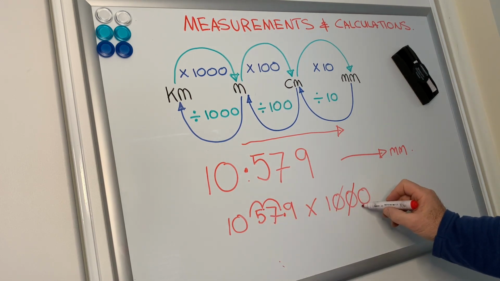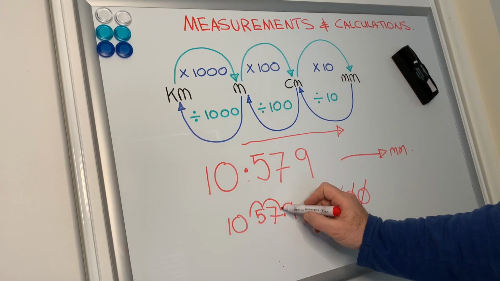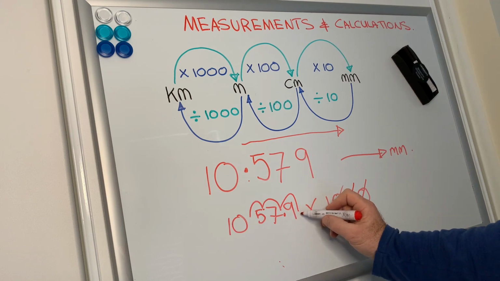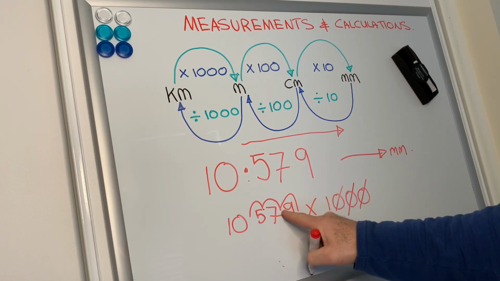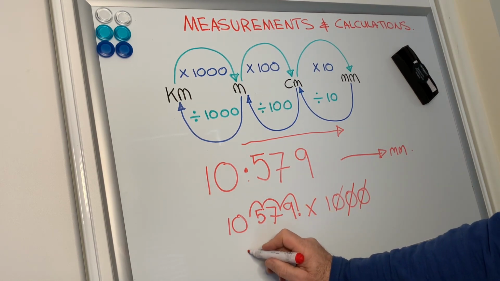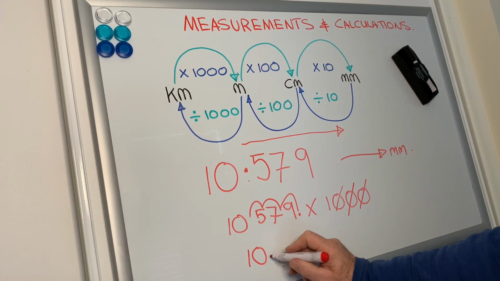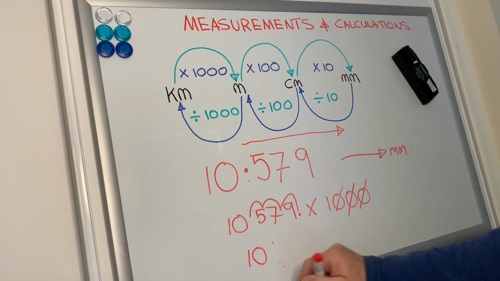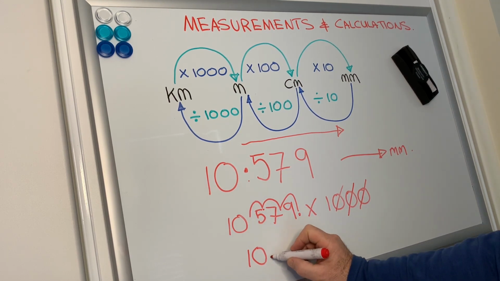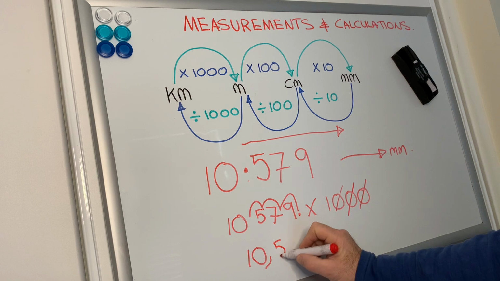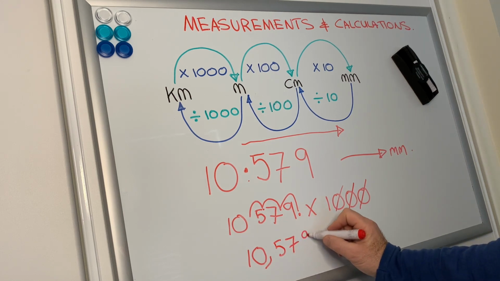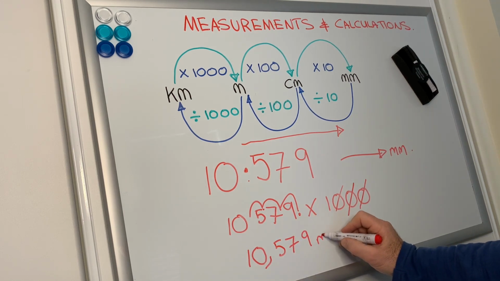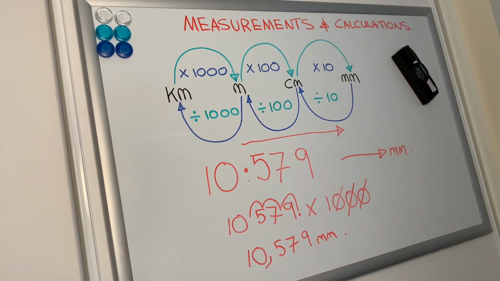Then we're going to cross this 0, and move this decimal point into there. So we've actually got 10,579 millimeters. Okay, that's pretty much what we have there.